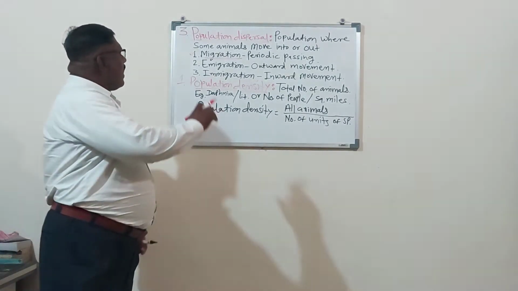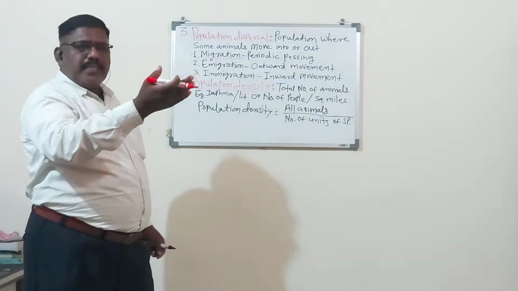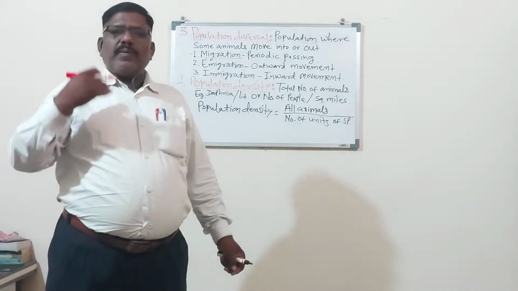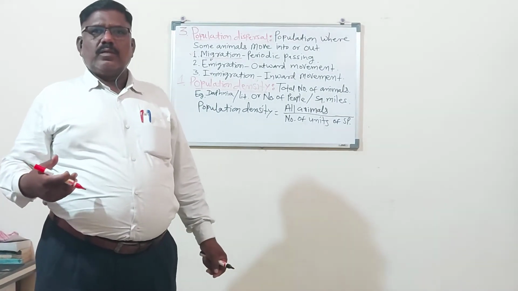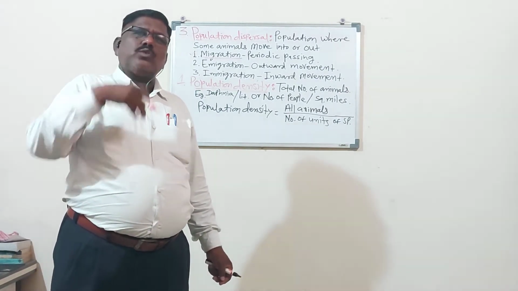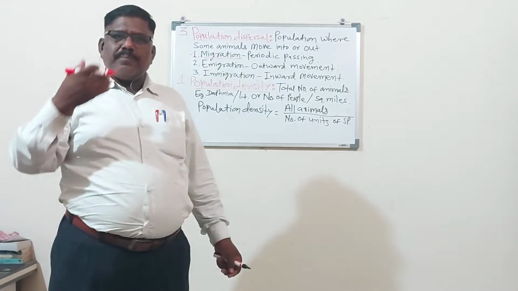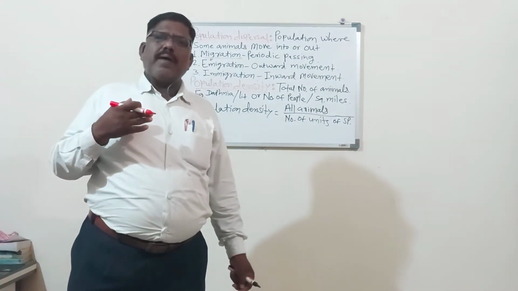So here migration means periodic passing from one place to other place, and after some years where there is the favorable condition, those animals come again to their original place. So in migration animals move from their original place to a new place, and after some days they are again coming back to their original places. So in this way animals are doing migrations.